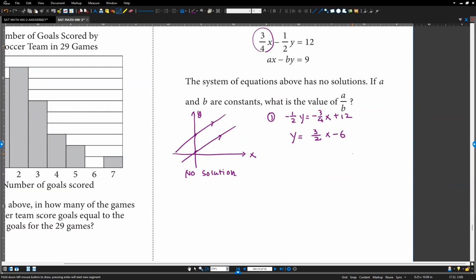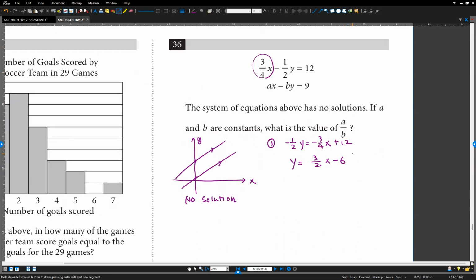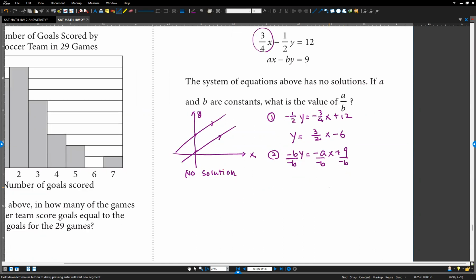The slope is 3/2, the y-intercept is -6. Now take a look at the second one: -by equals -ax plus 9. You can divide by -b on both sides. Y equals a/b x minus 9/b. That's it.